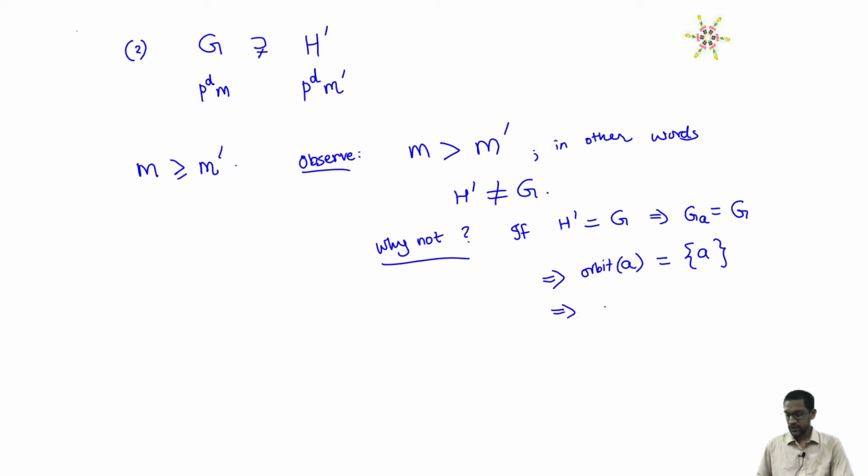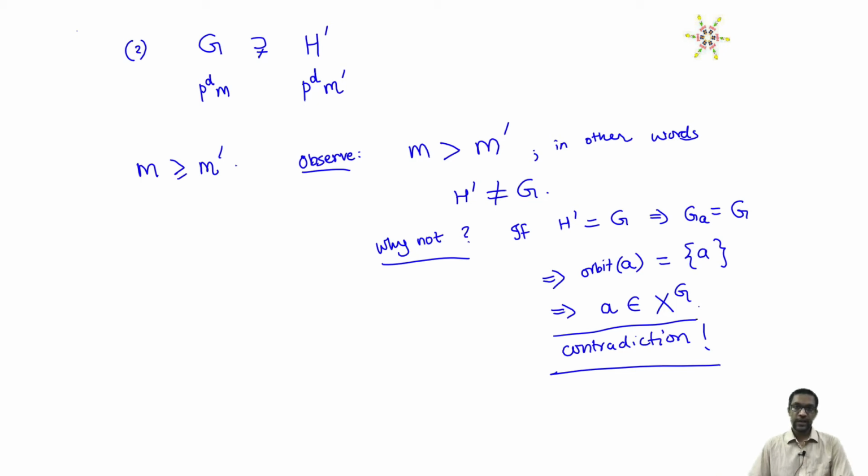Now what does that mean? It means A is a fixed point. But that's a contradiction. Remember, this was a fixed point free action. So that's why we're using that property: since it was a fixed point free action, the stabilizer of that element A is a proper subgroup of the group.